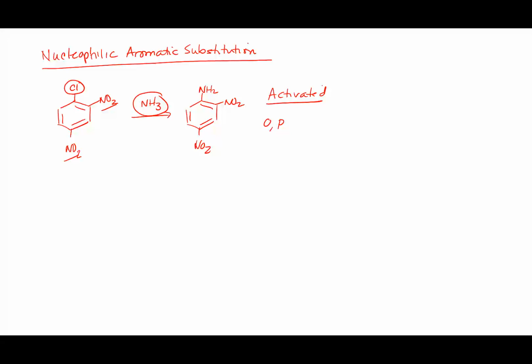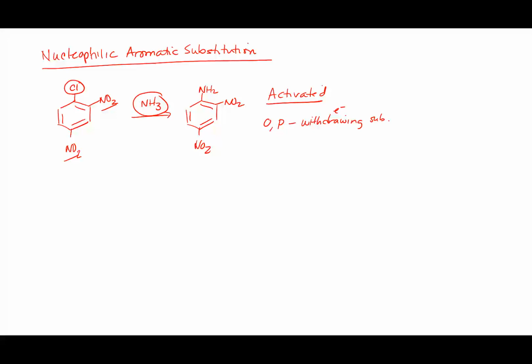And so activated would mean that the ortho-para positions are occupied by electron withdrawing substituents. The one we're going to use the most is nitro, because that's the one that's used for nucleophilic substitution.